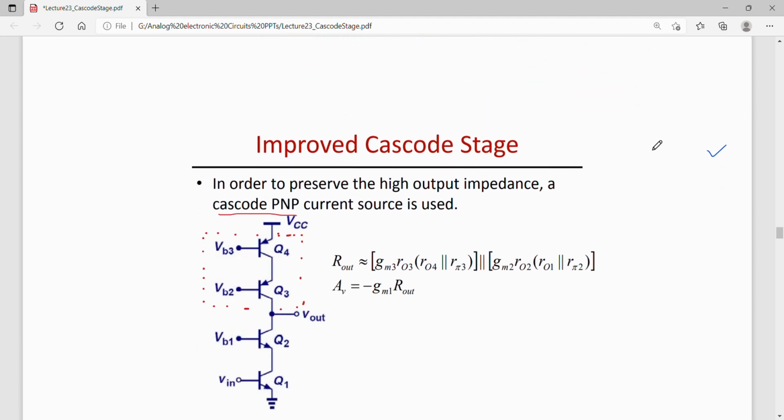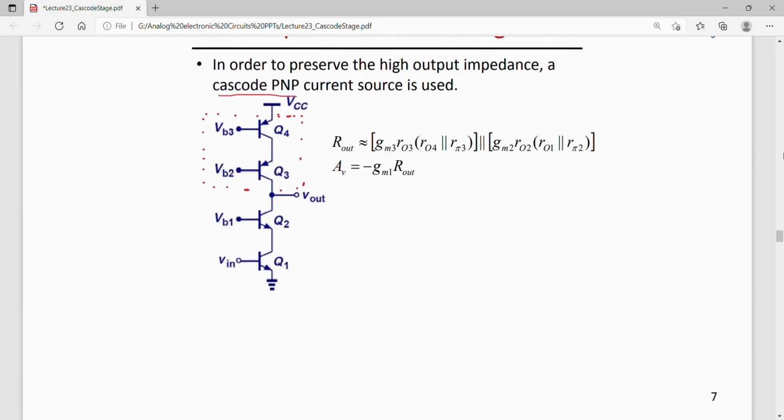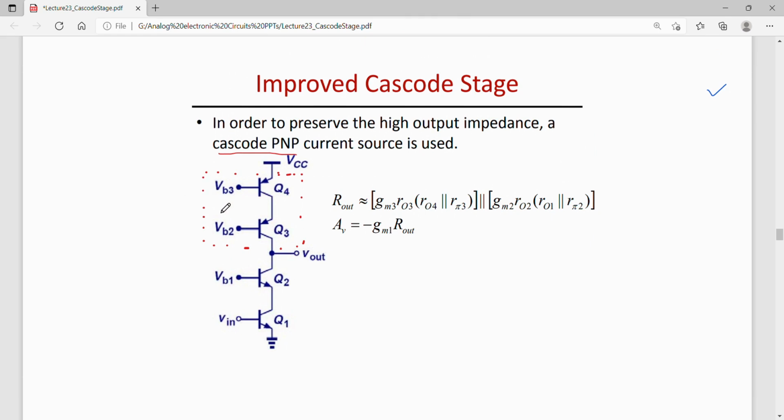Now one can improve this circuit by considering a PNP cascode current source. So this portion, which is composed of Q3 and Q4 transistors, is a PNP cascode, or a PNP cascode current source. So this PNP cascode current source is drawing current from VCC and supplying to this node.